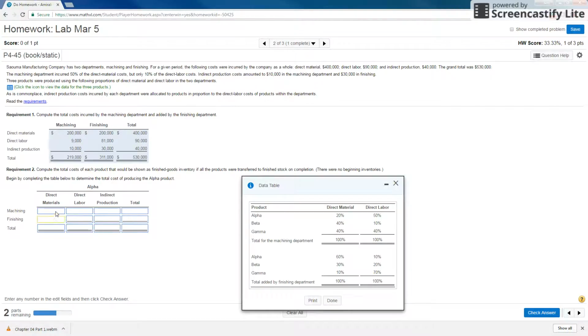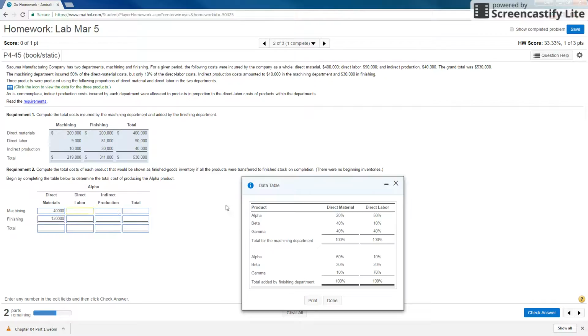So for the direct material, it's obvious. So 20% of the direct material of the department of machining goes to the product alpha. So 200,000, 20% is 40,000. So how much goes here? 60% of the finishing department is the same number, so it's 120,000.